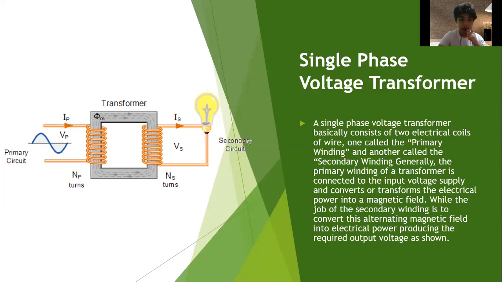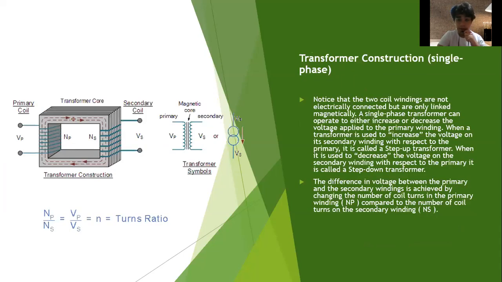Here we can see that when a transformer is used to increase the voltage on its secondary winding with respect to the primary, it is called a step-up transformer.